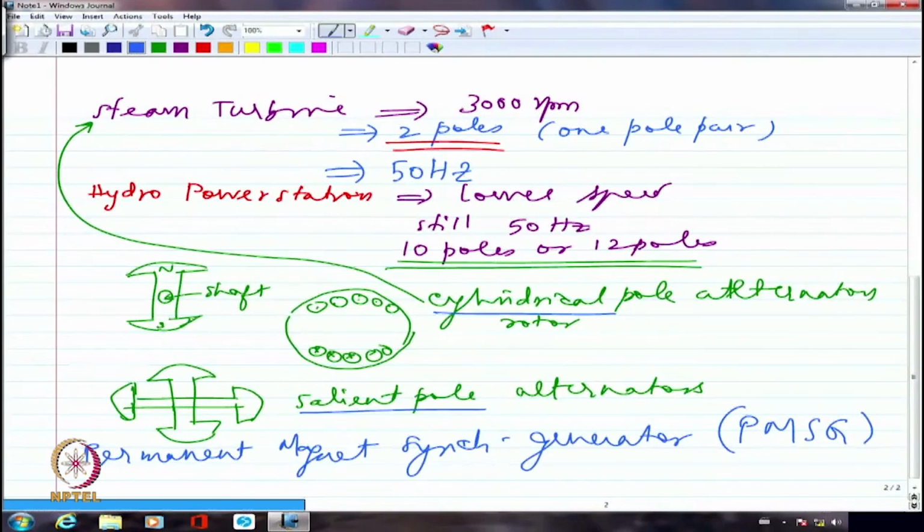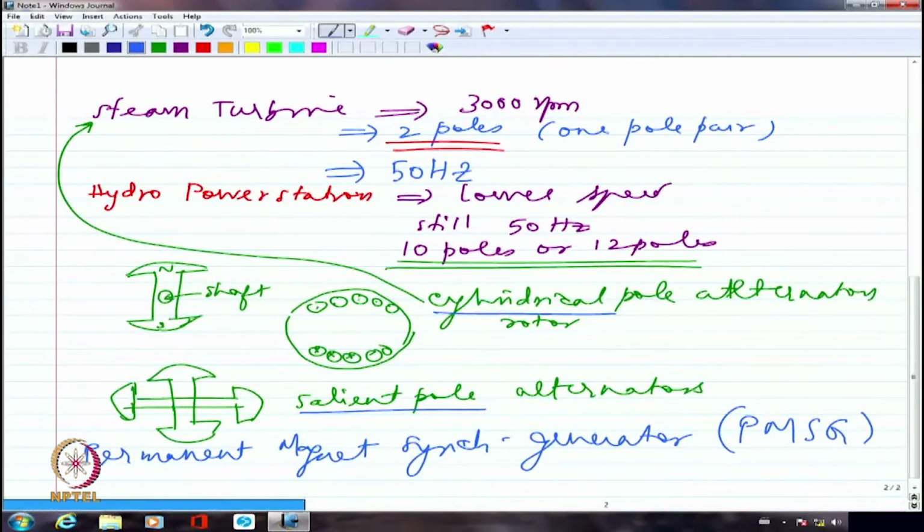So permanent magnet synchronous generators, until almost recently, even before about 4 or 5 years ago, used to be available only for about 30 kilowatt or 40 kilowatt rating. Lately, they have been produced for megawatt levels of rating. 5 megawatt is one of the generators that are being used along with wind energy conversion systems.